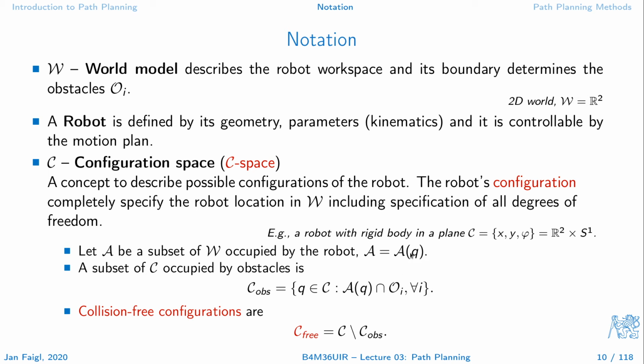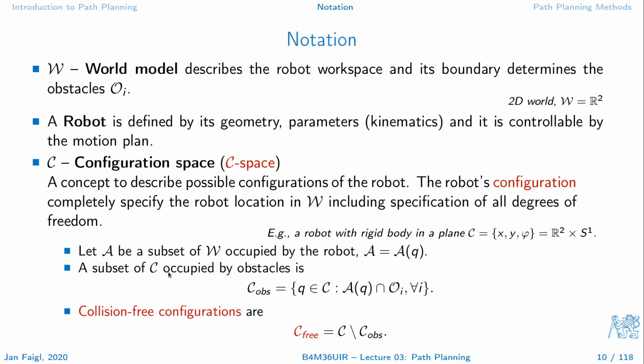So that we have a configuration Q from the configuration space, and we will instantiate the shape of the robot for this particular configuration, and that's the occupied space by the robot in the world model. So what is important is that we would like to find a path or trajectory that is not colliding with obstacles.